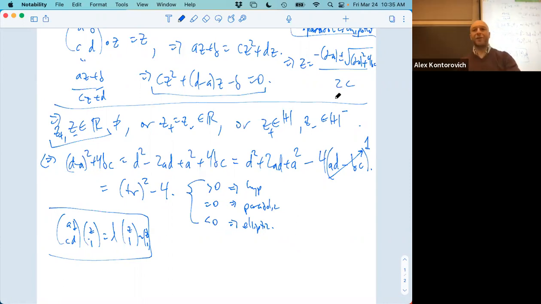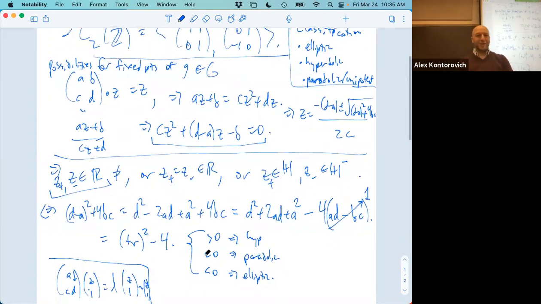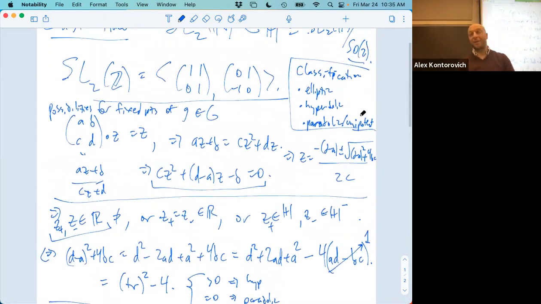And so how can you tell if you're parabolic, elliptic, or hyperbolic? Well, it's very simple. How can this be zero? Trace squared minus 4 is 0 if trace is plus or minus 2. So we can think about the absolute value of the trace, since the trace isn't well defined on PSL2R, which is what we should really be working with, because -1 and 1 have the same action.